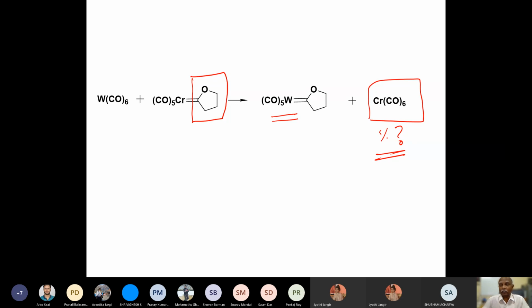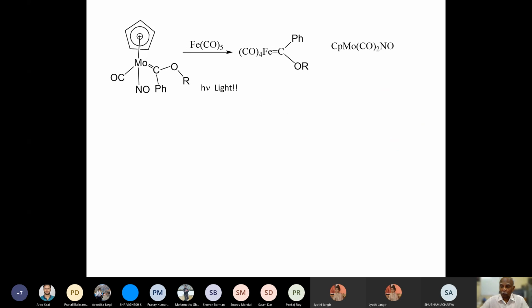And if ligand dissociation has happened and carbon monoxide has gone into solution, it's unlikely that you would get 100% yield of CrCO6. One of the metal complexes would lose some yield because the other ligand would have to be transferred through the bridge species, and one ligand would have to be lost.